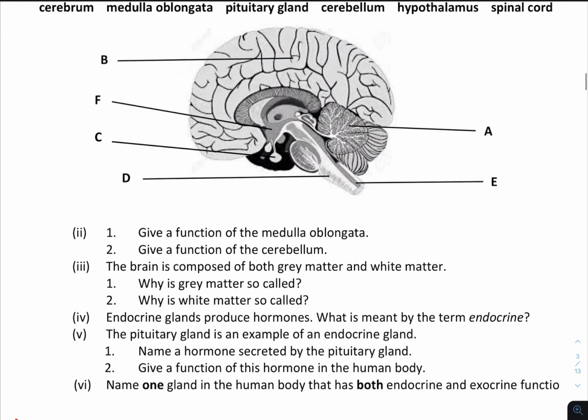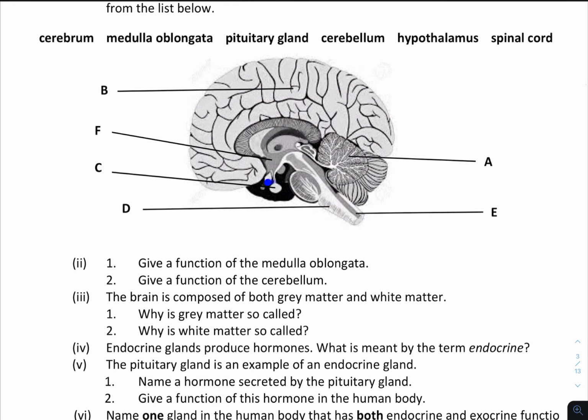C looks like a drop here. So that's your pituitary gland, also known as the master gland. It releases a lot of hormones. So that's C. Where is D? D is over here. Sorry, I get confused there now.